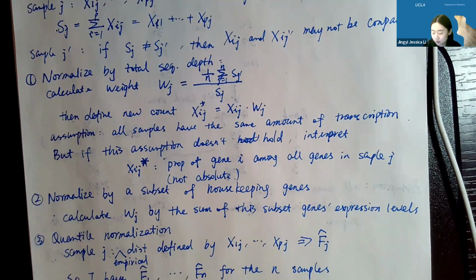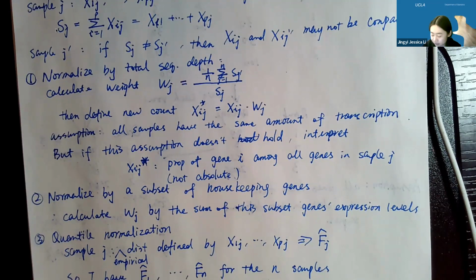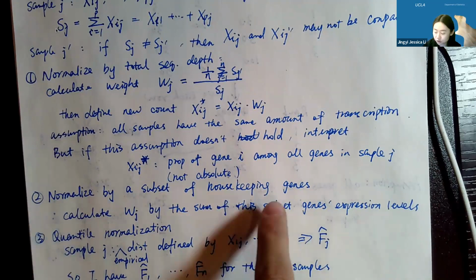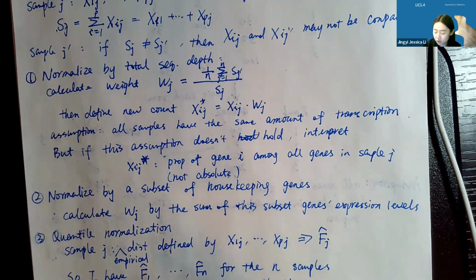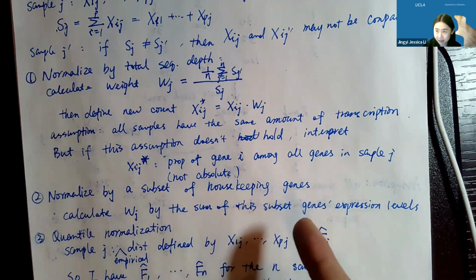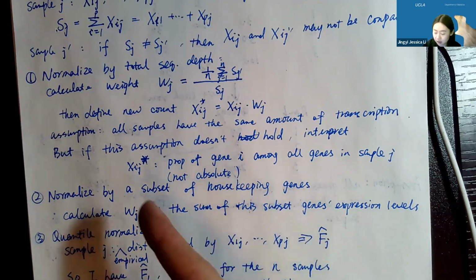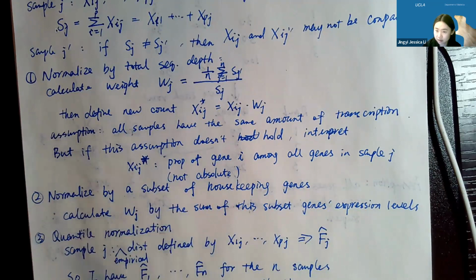Okay, so if you don't believe that this is what you want, and you have additional information, say you know some genes, which we can call housekeeping genes, have constant expression across all samples, you can just normalize your sequencing counts by those genes. So basically, you're not going to make the sum of all genes equal across samples.